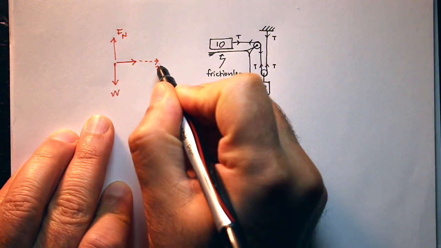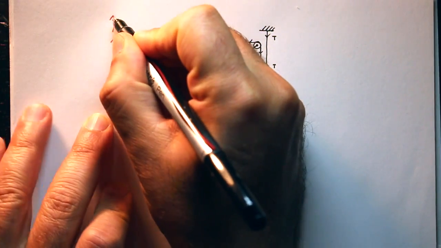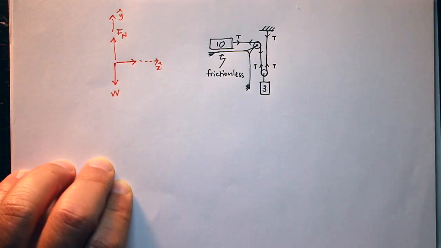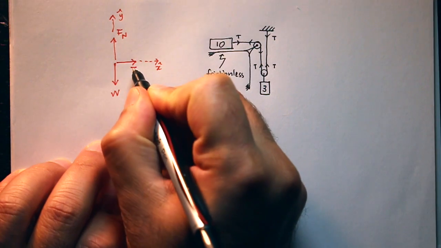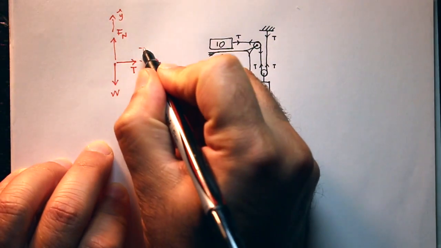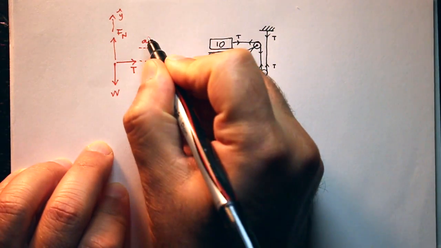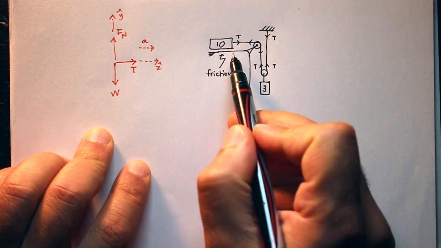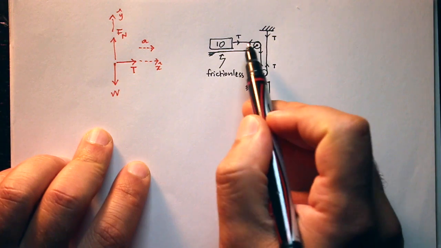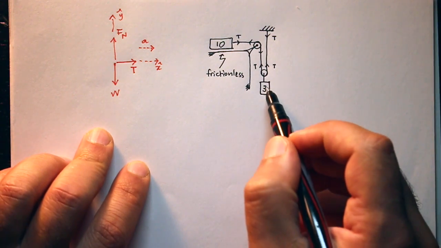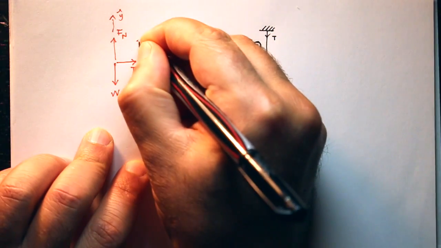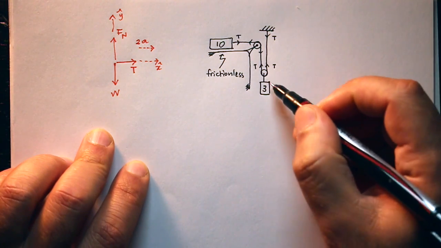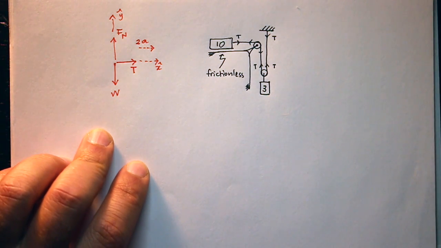So I'm going to call this my x direction, this is my y direction, and there's a tension here, and there's movement, there's acceleration in this direction. And since we said that the acceleration of this mass is going to be twice the acceleration of this other mass, I'm just going to label this as 2a, and the acceleration of this mass is going to be just 1a.